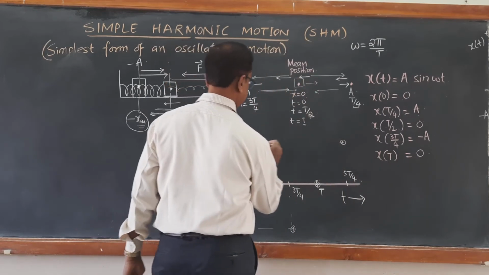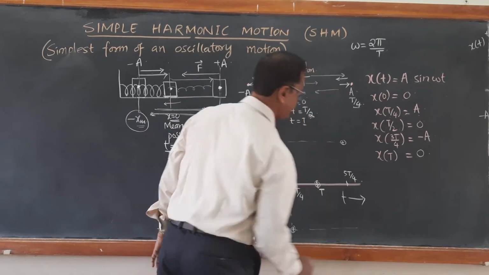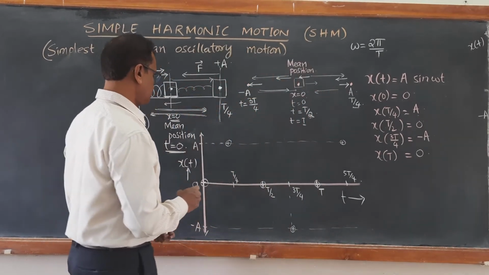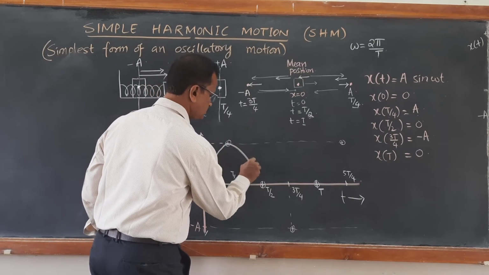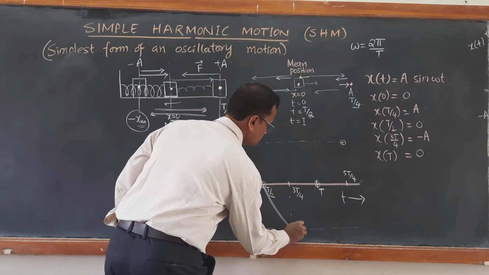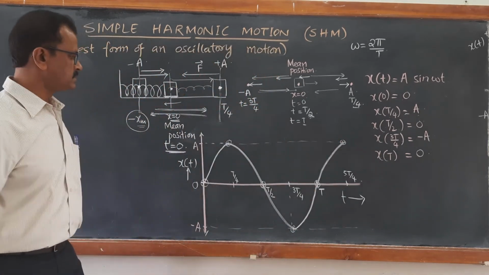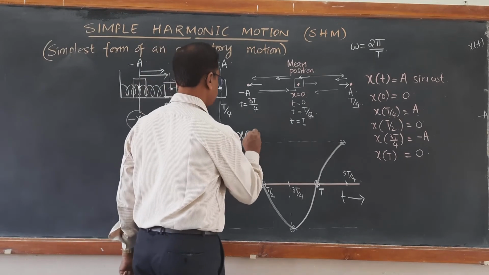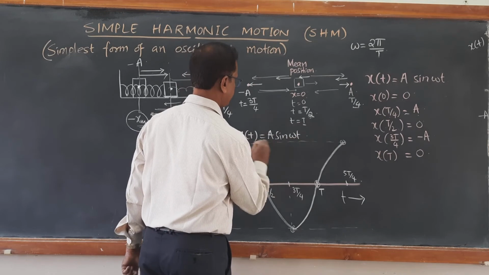So it is again varying between plus a and minus a. But you see the curve is a sinusoidal curve. This is representing x as a function of t, a sin omega t.